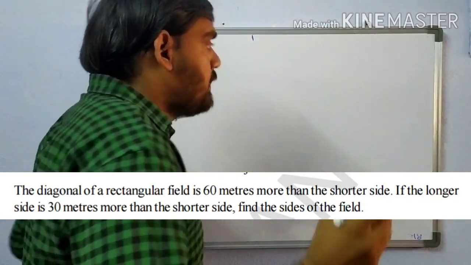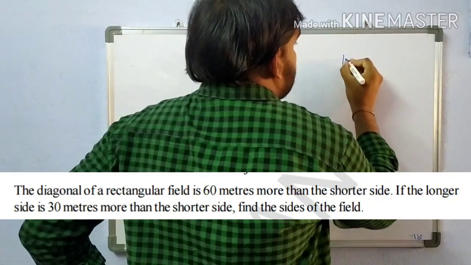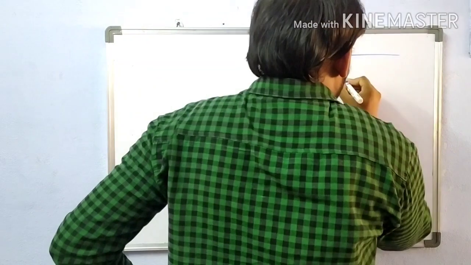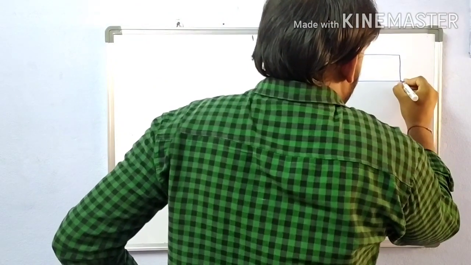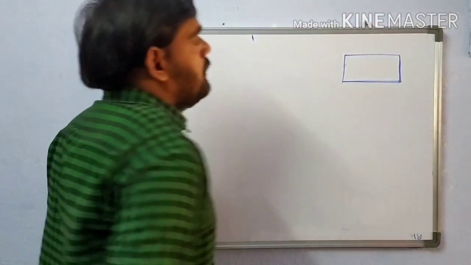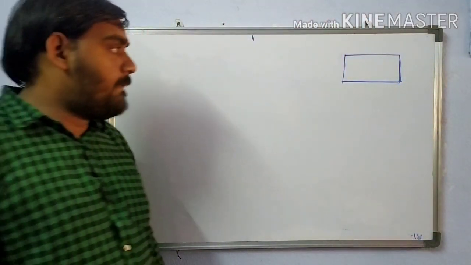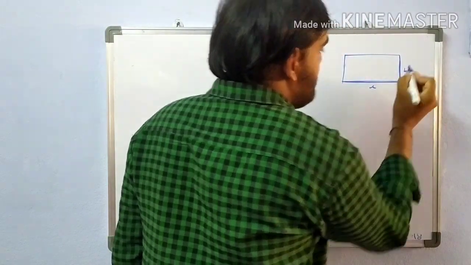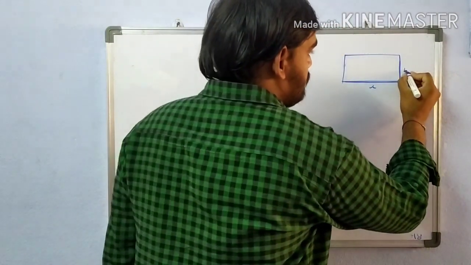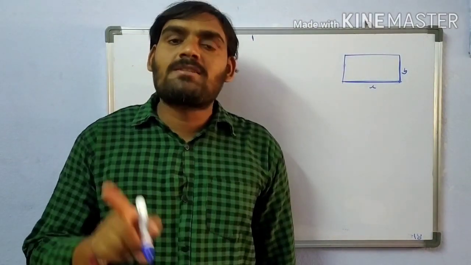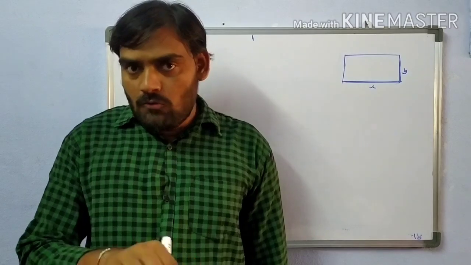First of all, take one rectangle. This is a rectangular field. In this, we all know that this is the length, L, and this is the breadth, B. The diagonal is nothing but a line segment which joins two non-adjacent vertices.